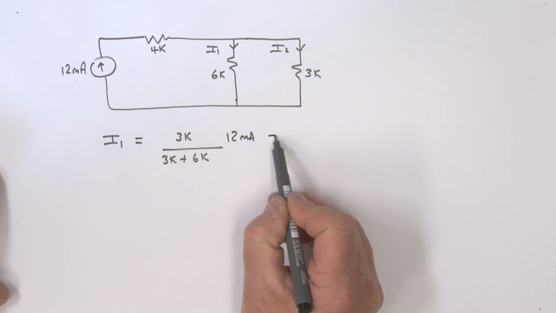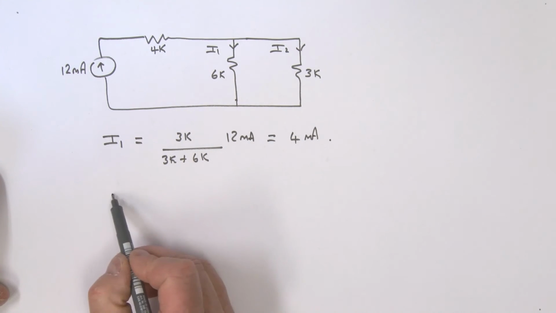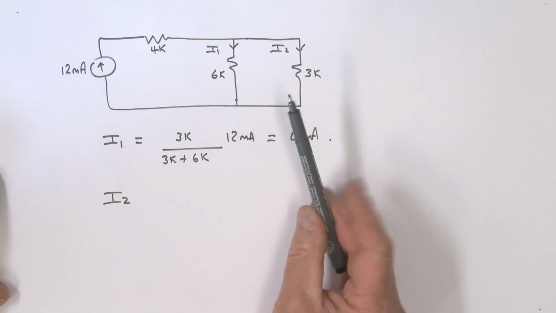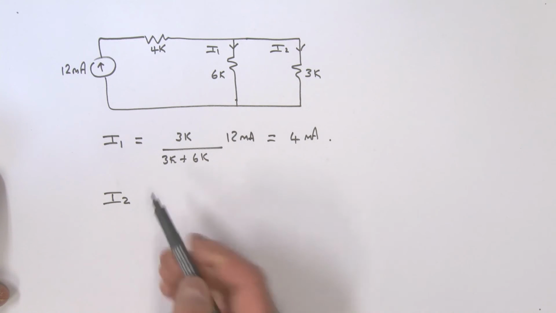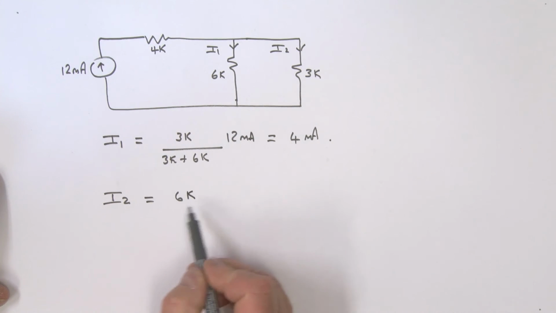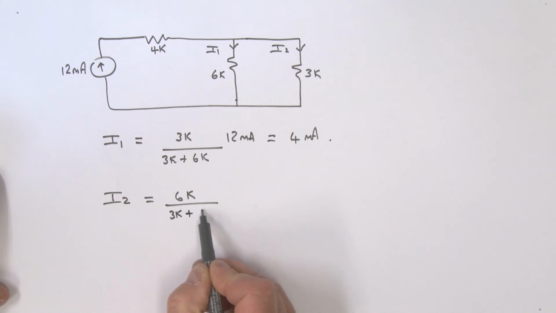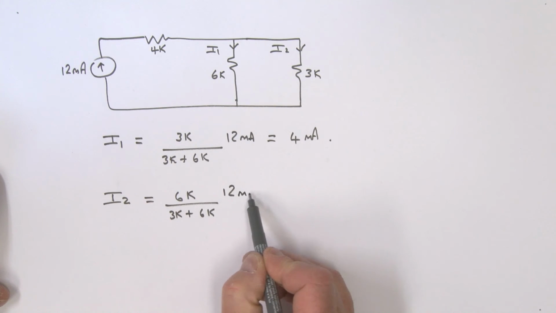If you work that out, this comes out to be 4 milliamps. The I2 current, the current in this branch here. We take the opposite resistor over here, which is 6K, divided by the sum of the two, which is the 3K plus the 6K, and that's multiplied by that 12 milliamps.